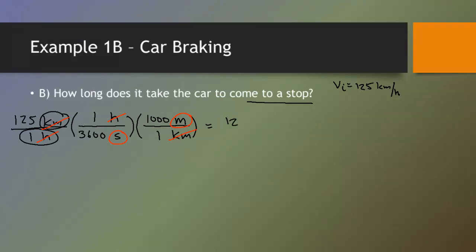This is equal to 34.72 meters per second. So this is the initial velocity that we want to use.